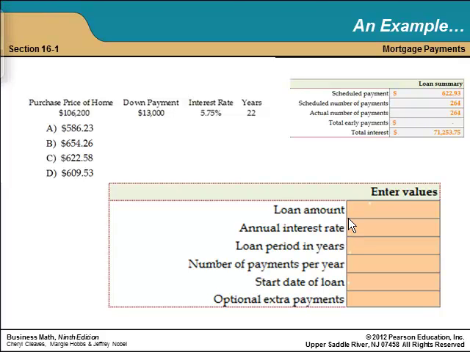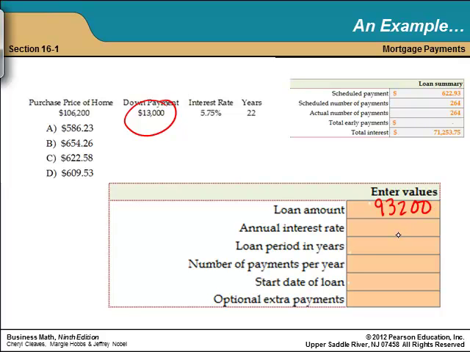Okay, purchase price 106,200, minus the down payment 13,000. Oh, I'll start over again. 106,200 minus 13,000 is 93,200.